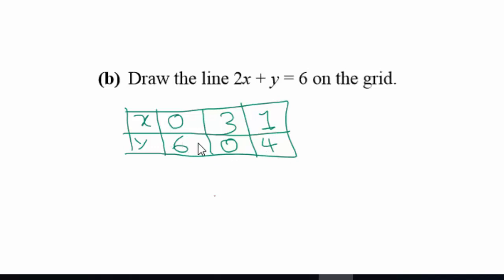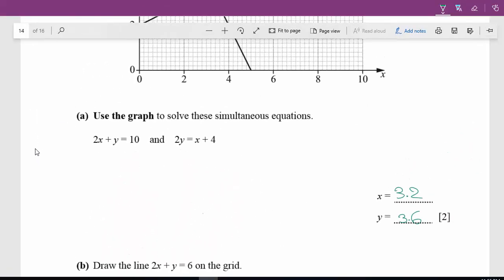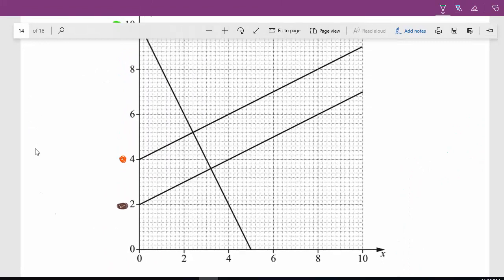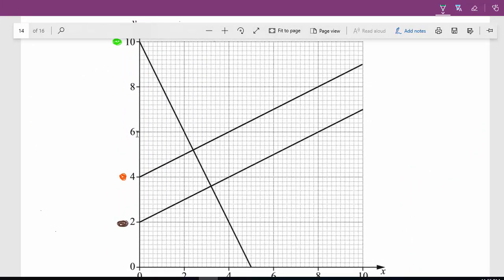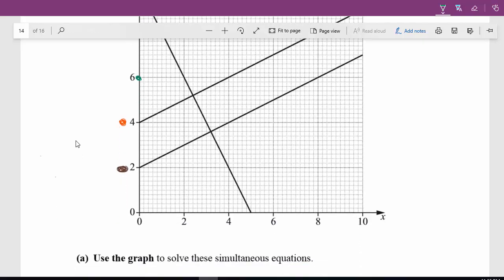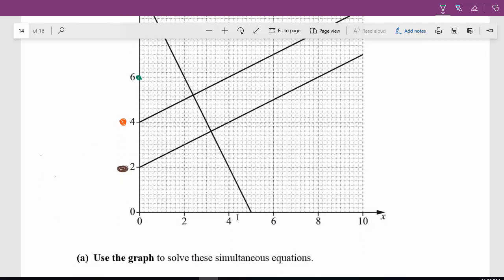Now let's plot these, 0, 6, and 3, 0. 0, 6 is here, 0 in x, 6 in y, and 3, 0, 3 is right between 2 and 4. Join these 2 points, it will be the line of this equation.